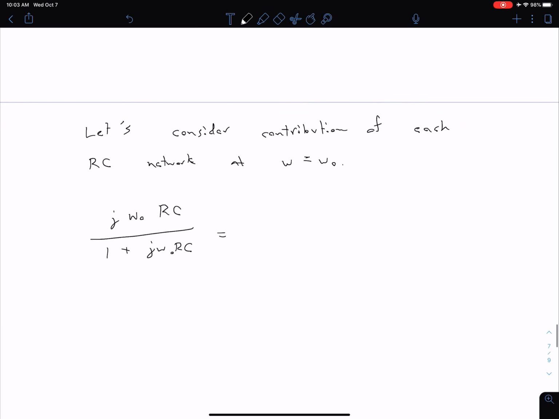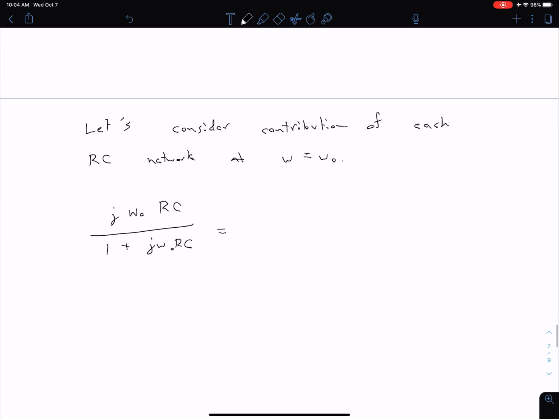So the RC terms are going to cancel out in both of these expressions, and we're left with j times 1 over root 3 in the numerator, and 1 plus j times 1 over root 3 in the denominator. We can multiply by root 3 in the numerator and the denominator to clean that up a bit. So we get j over root 3 plus j.